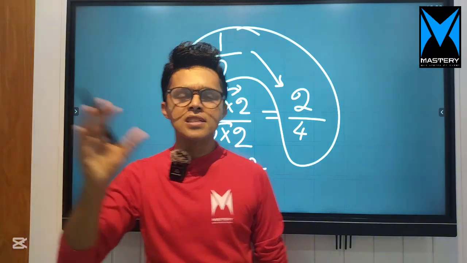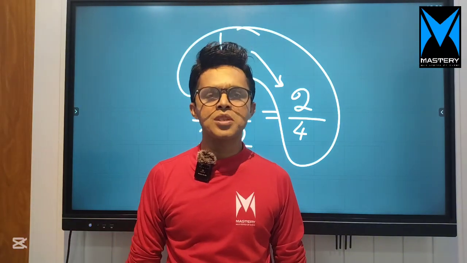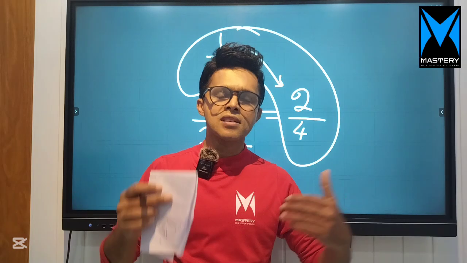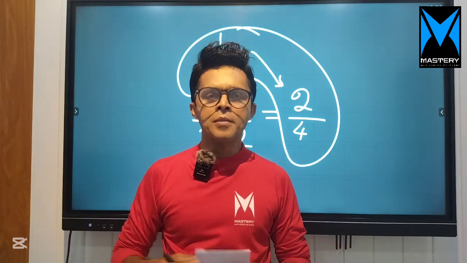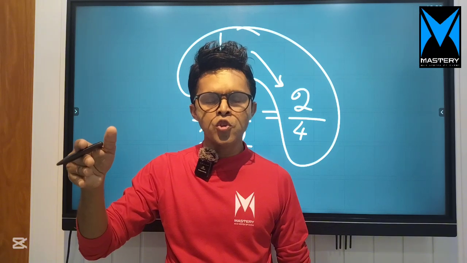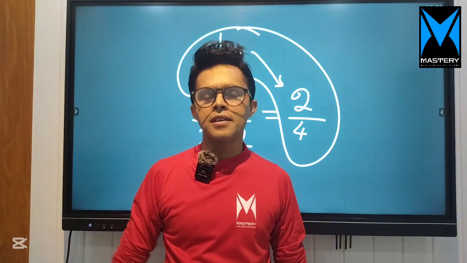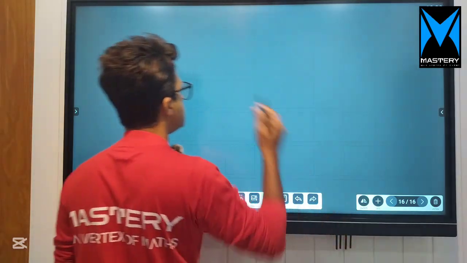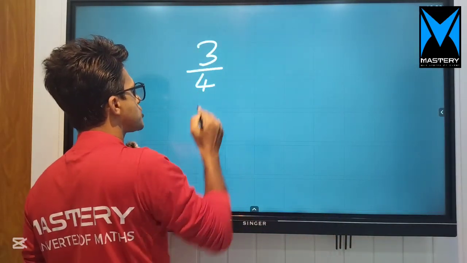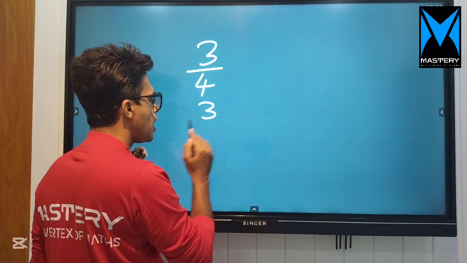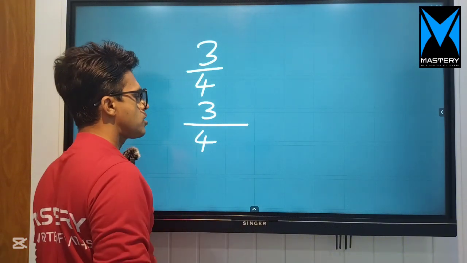In order to find equivalent fractions, select a certain value and multiply both the denominator and the numerator by it. Let's get an equivalent fraction for 3/4.